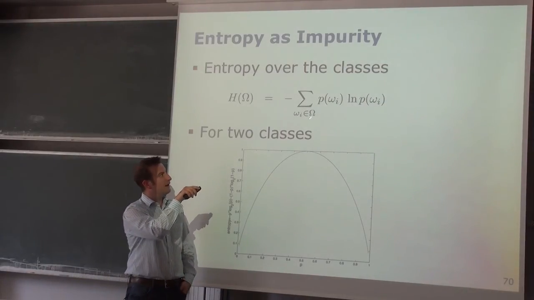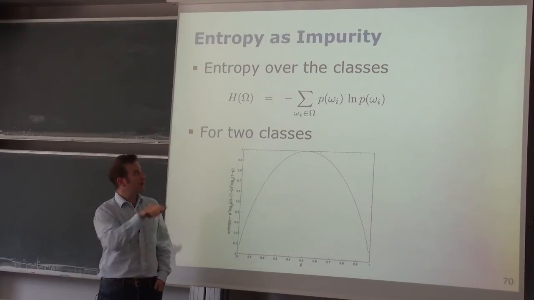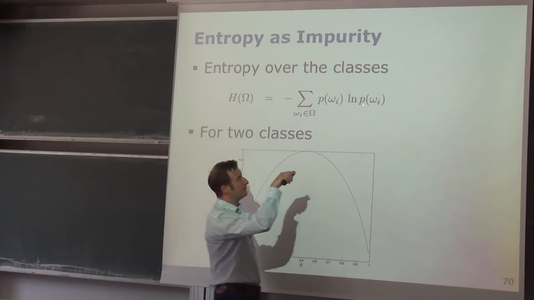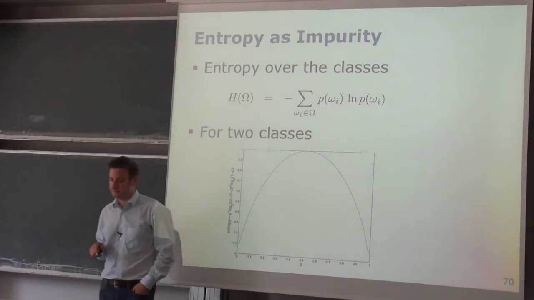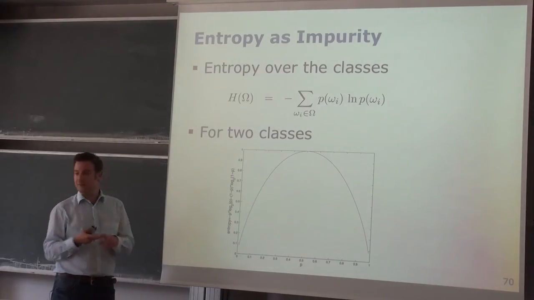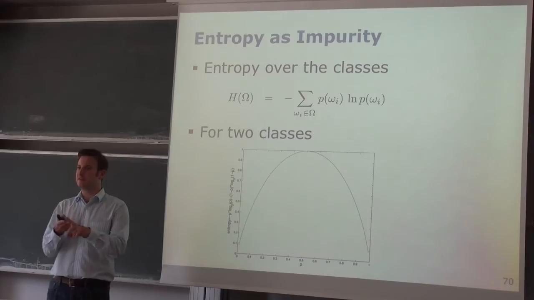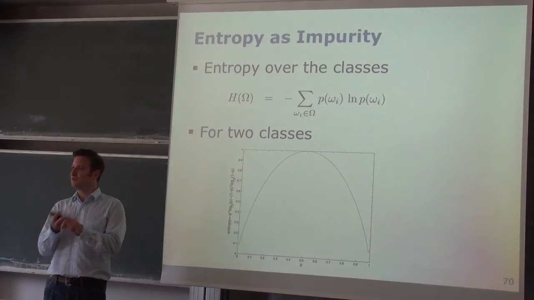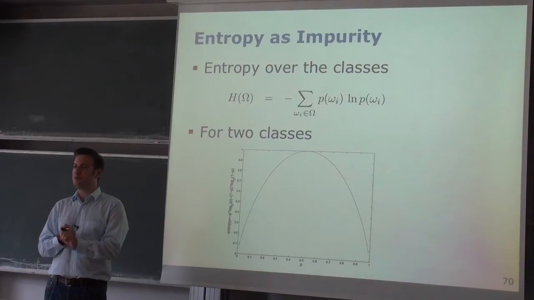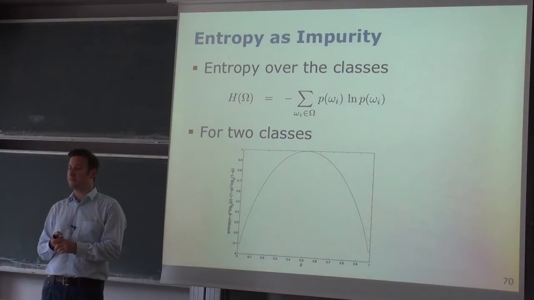I go through my area and check all the elements in my area and ask, what's the probability of this element times the log of this probability? And if you have a binary decision, so just two classes, we have the probability for class 1 and the probability for class 2, where the probability for class 2 is 1 minus the other probability.